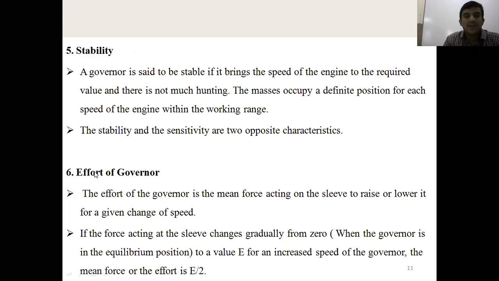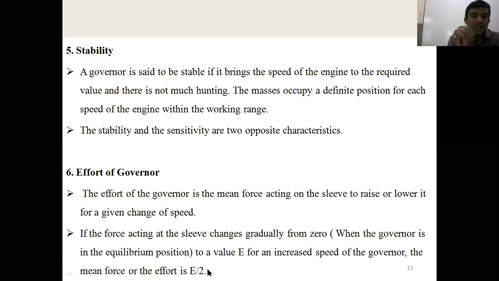Next one is effort of governor. Effort is nothing but the force required to move the sleeve upward and downward. How much force is required to move the sleeve upward or downward? That force is called effort. See, the effort of a governor is the mean force acting on the sleeve to rise or lower it for a given change of speed. Now for each side, the effort is represented as E by 2.